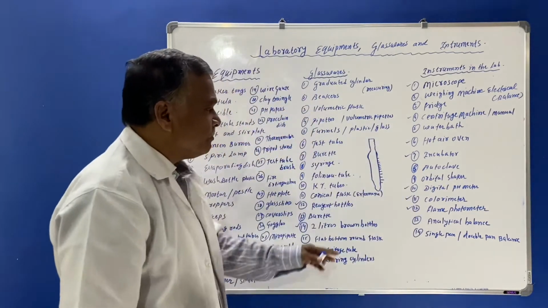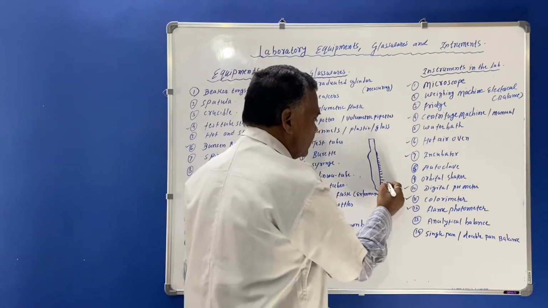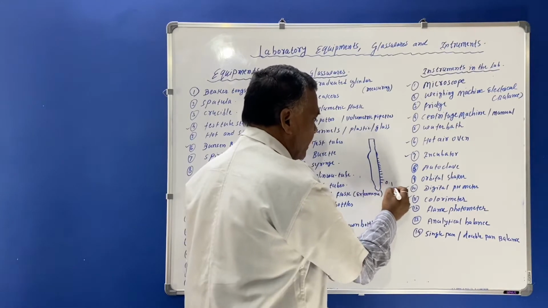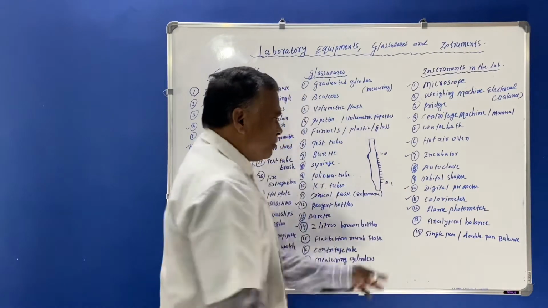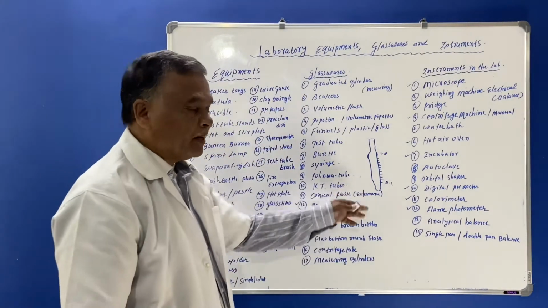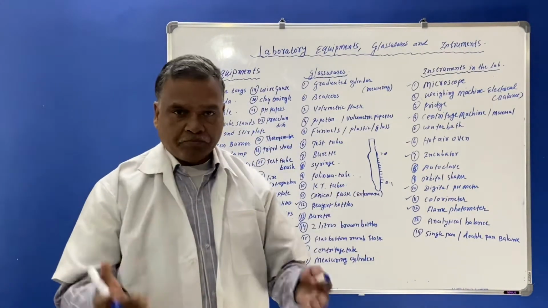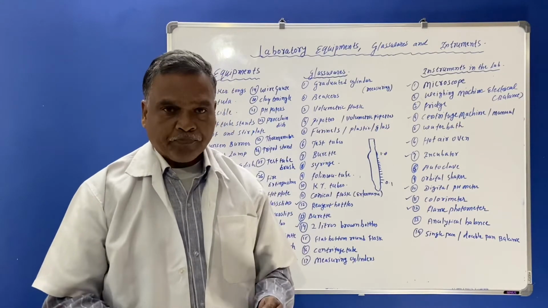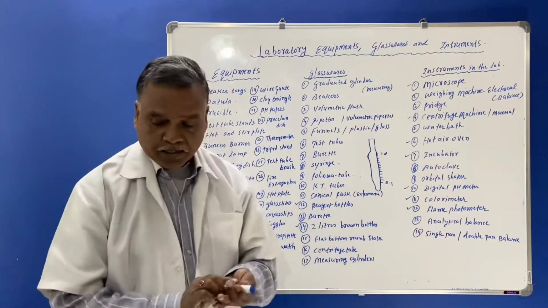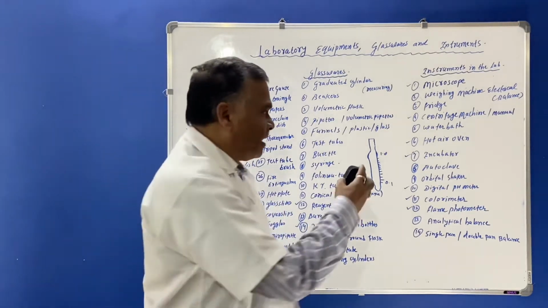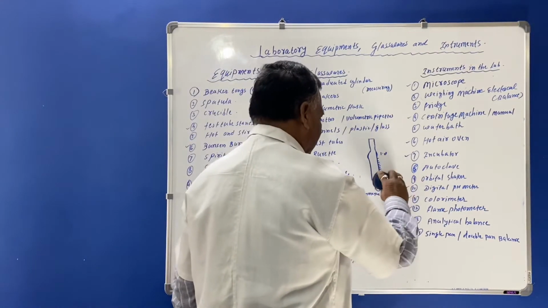The graduation will start from 0.1 ml to 1 ml. This will be a 1 ml pipette. And these pipettes are also made up of 2 ml, 5 ml, 10 ml. So you must know the pipettes used in the laboratory are of different capacities.